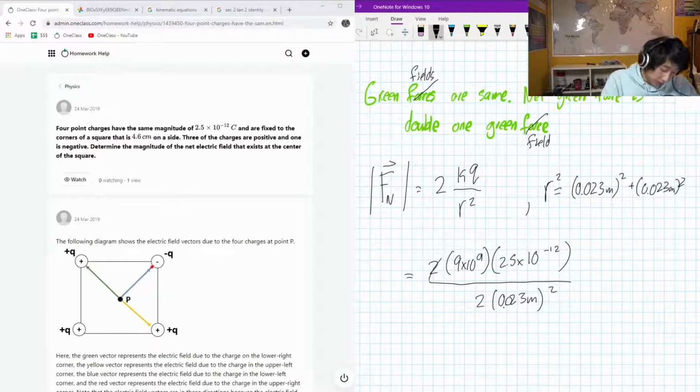Okay, so the 2's cancel out, which simplifies the math a little bit. So let's calculate this out: 9 times 10 to the power 9 times 2.5 times 10 to the power negative 12, all divided by 0.023 squared.